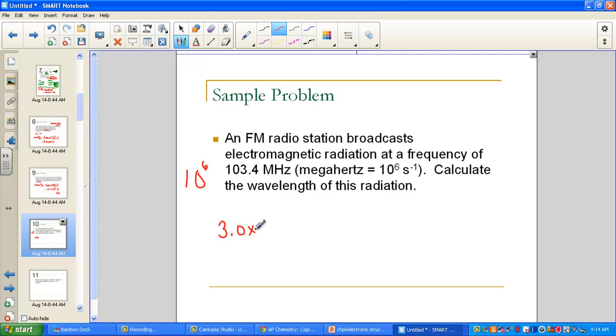We have 3.0 times 10 to the 8th meters per second, our speed of light constant. That's equal to the wavelength times 103.4 megahertz.